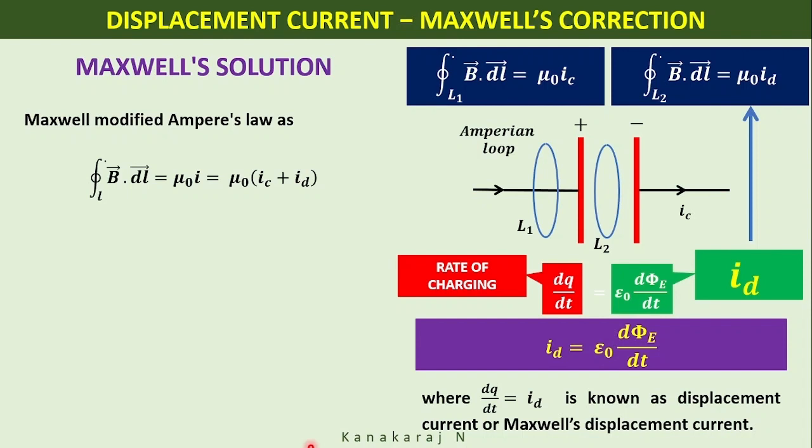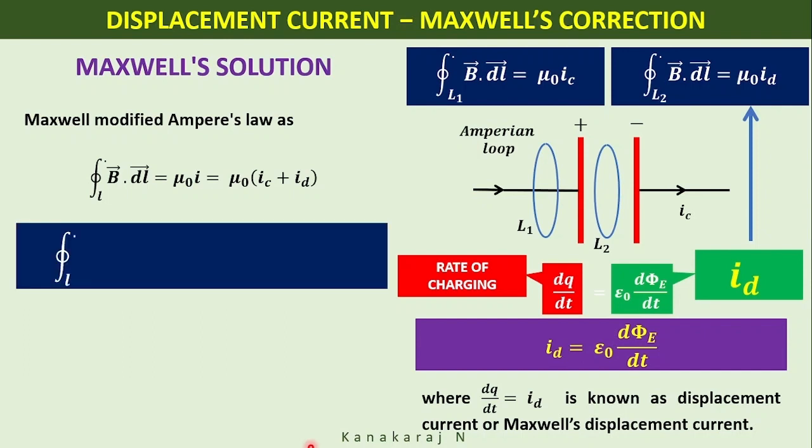When IC is present, ID is absent. When ID is present, IC is absent. So integration over closed loop of B vector dot dl vector equals mu naught times IC plus mu naught times epsilon naught times d phi E by dt. This is Maxwell's modified Ampere's law.